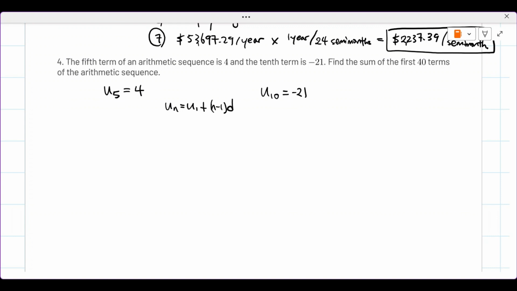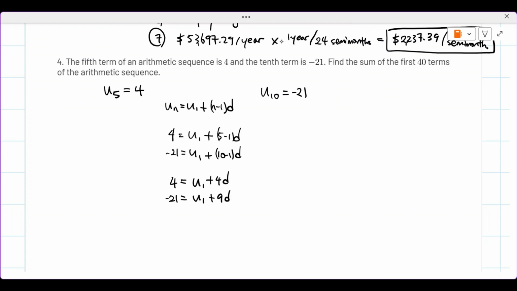So using this formula, since u5 is 4, 4 is equal to u1 plus 5 minus 1 times d. I also know that negative 21 is equal to u1 plus 10 minus 1 times d. If I use the systems of equations method, let's clean it up a bit first: u1 plus 4d equals 4, and negative 21 equals u1 plus 9d.